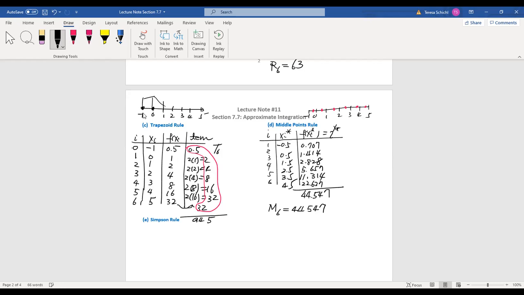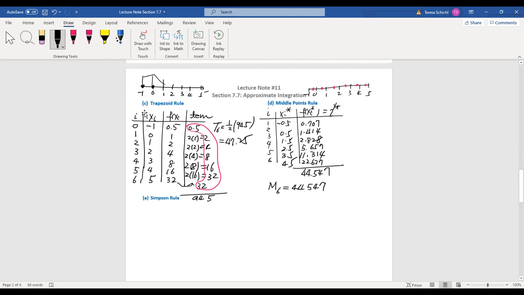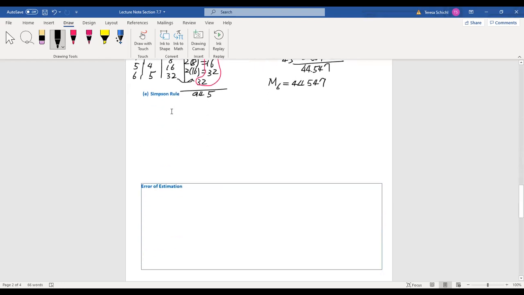So trapezoid rule, remember, is delta x over 2, right? Delta x is 1, so it's over 2, times 94.5. So what is the answer? This will be 47.25. Okay, right?